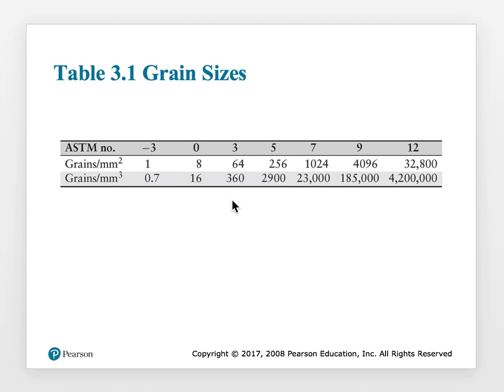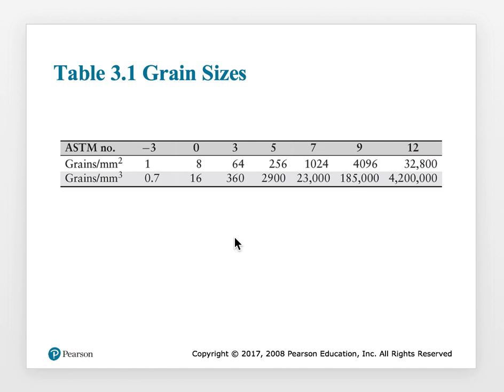So the number of grains is going to be dependent on what is called the ASTM grain size number. And that ASTM grain size number is dependent on the number of grains found in an average area of 1 centimeter squared at a magnification of 100x. So there are equations to calculate all that.